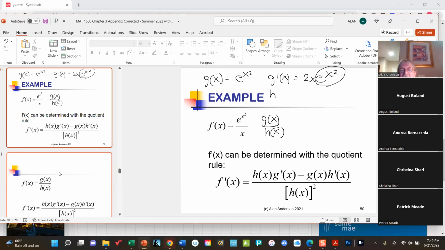The h of x is just x, which means h prime of x is just 1. And now, of course, we just plug all these in to the quotient rule formula. And if we're lucky, we'll be able to simplify it a little. It isn't really necessary.